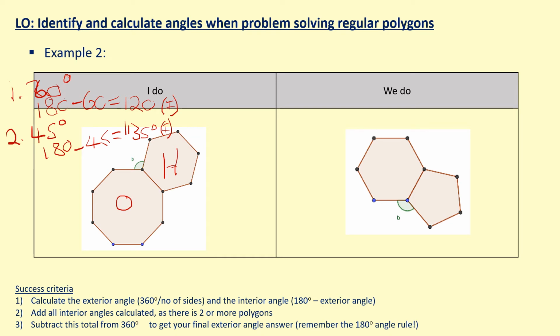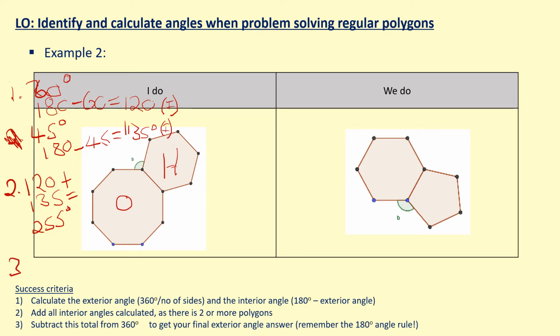Now we want to add those together. Sorry, those two parts would have been step 1. Step 2 would be adding the two interior angles. So 120 add 135 equals 255 for all our 2 interior angles.